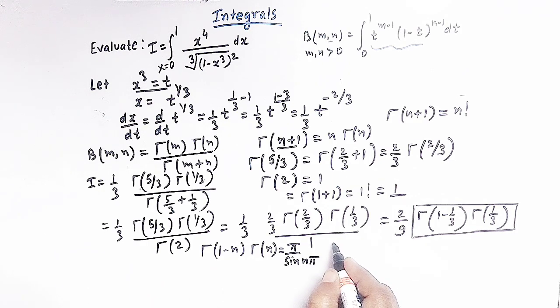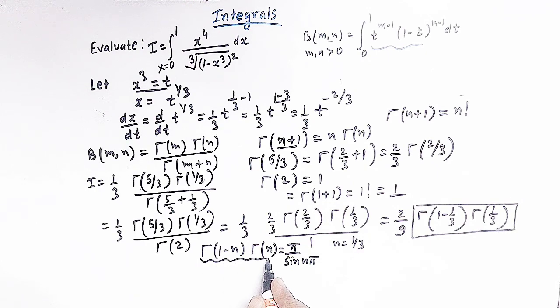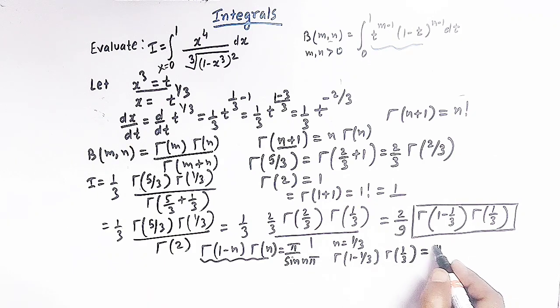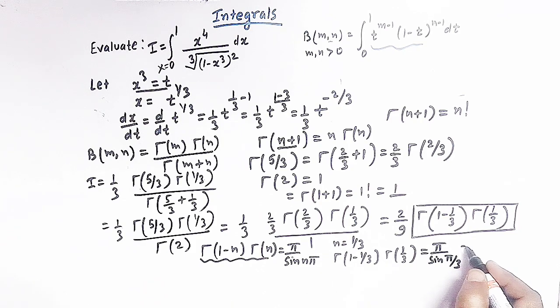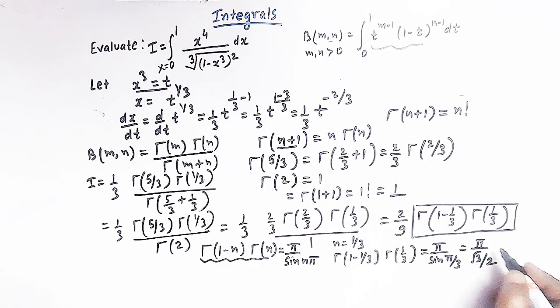So if we take n is equal to 1 over 3, then this left hand side appears as gamma 1 minus 1 over 3, then we have gamma 1 over 3, and here we have pi over sine n pi. So n is 1 over 3, so we have sine pi by 3. So now we have pi, and sine pi by 3 is sine 60 degrees, that is root 3 over 2. So we can now write 2 pi over square root of 3.